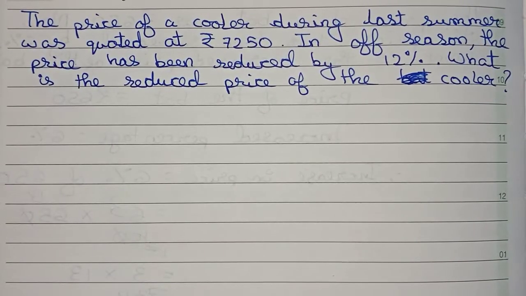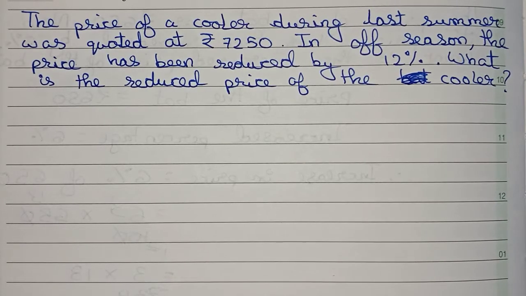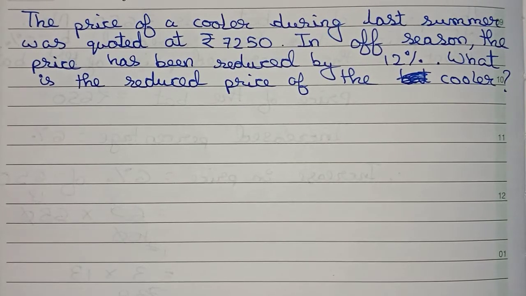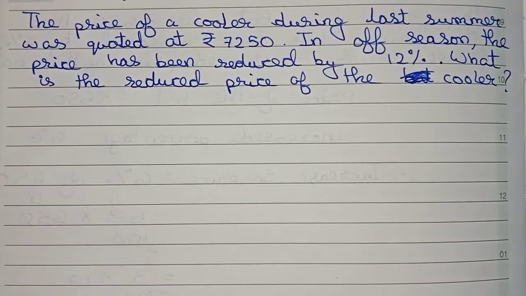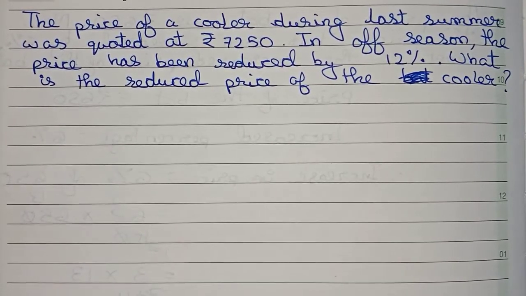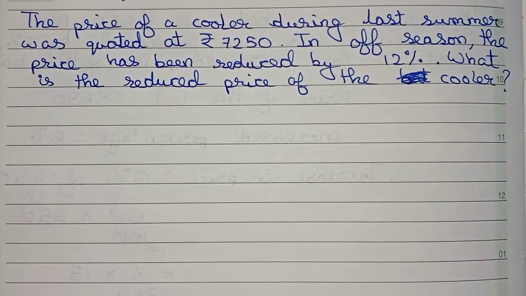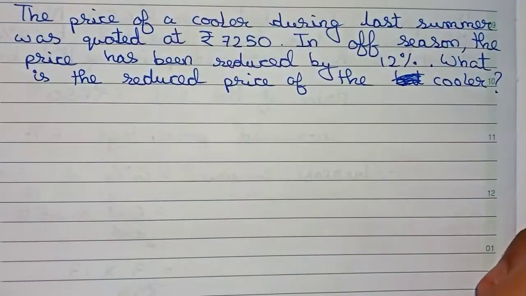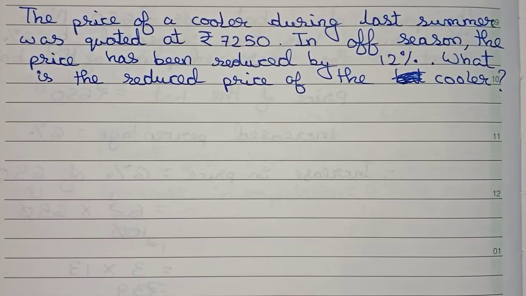Now our next question is, the price of a cooler during last summer season was quoted at rupees 7,250. In off season the price has been reduced by 12%. What is the reduced price of the cooler? So this is our question, and solve this. This is also similar to the previous question, only in this question we have to subtract the price.